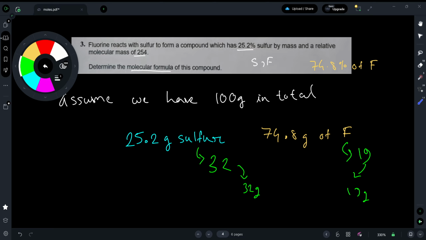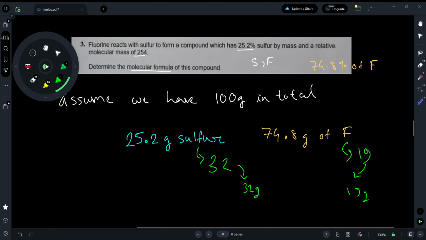So what this basically elucidates is that since elements have different mass numbers, you can't compare the mass in grams of different elements together. Because 1 gram of sulfur is going to have a different number of atoms compared to 1 gram of fluorine. So you can't find the ratio of atoms by finding the ratio of mass.